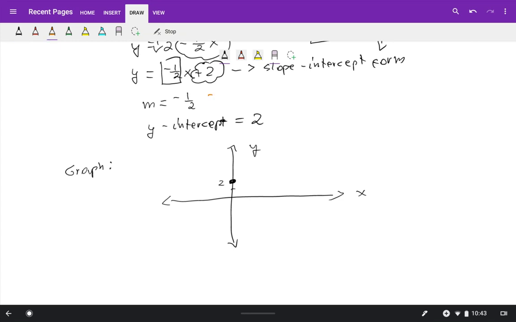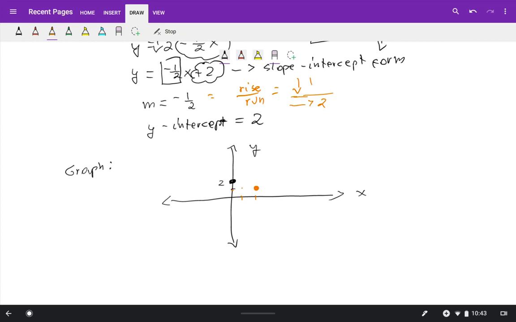We know the slope is equal to negative 1/2, which means rise over run, right? That's the slope. So we will go down 1 unit because it's negative, and 2 is positive, so we move 2 units to the right. From this point, I'm going down 1 unit and 2 units to the right. 1, 2. That will be my second point. You can find more points if you want.